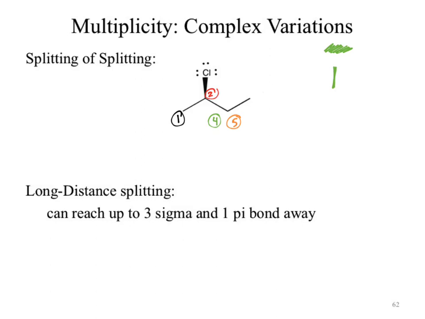Since I saw a few puzzled faces, let's go through and draw those in. Red hydrogen, green hydrogen, orange hydrogen. And remember, I said to ignore these. You'll understand why in just a second. So that green hydrogen sees the red hydrogen and goes, you're a neighbor. What happens to my signal? I don't get another peak.